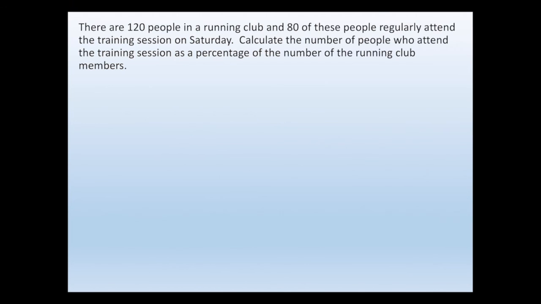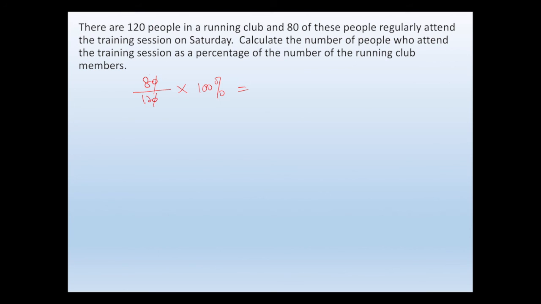All right, one last one. There are 120 people in a running club, and 80 of these people regularly attend the training session on Saturday. Calculate the number of people who attend the training session as a percentage of the number of running club members. So as a percentage, we know the proportion is 80 over 120. Then we multiply by 100%.